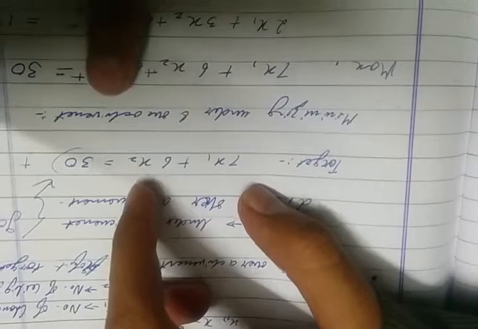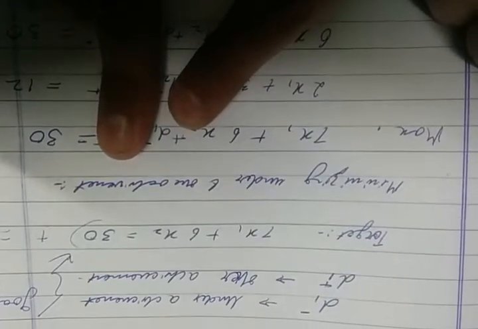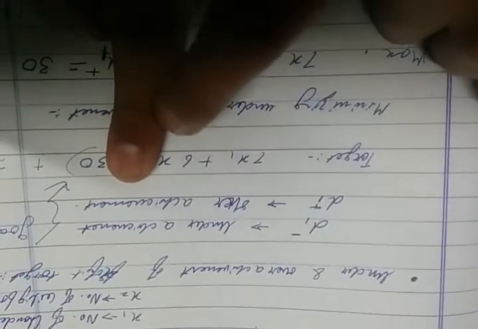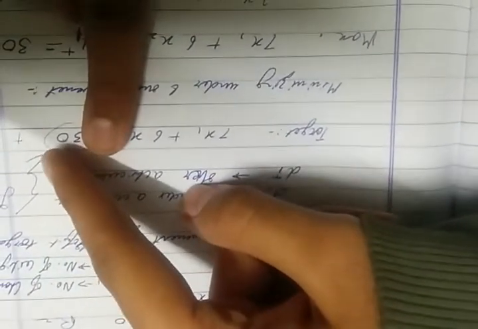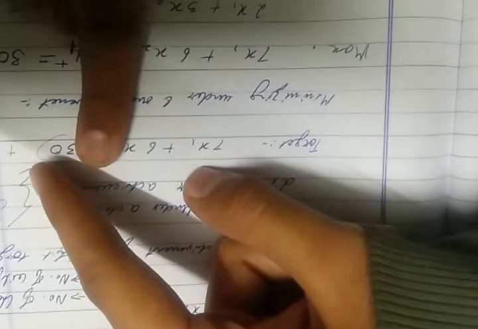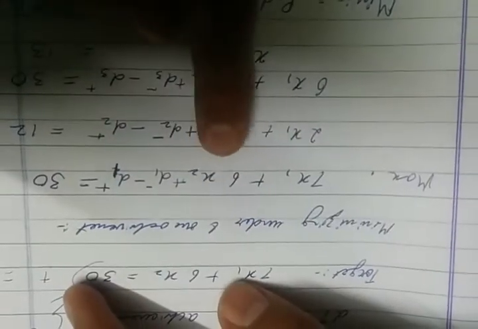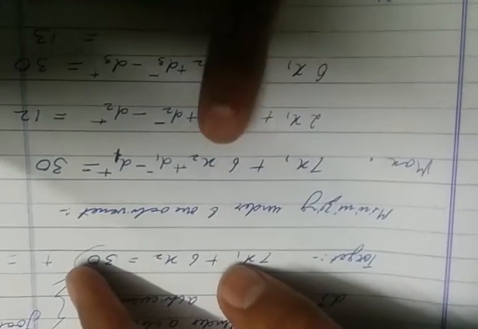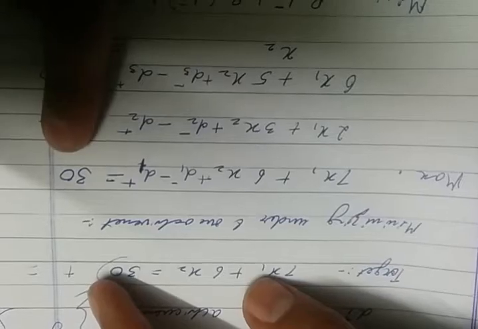So I will add d1 minus. That's why d1 minus comes with a positive sign. Again, if I overachieve, then the LHS will become something more than 30, say 32. So I will have to deduct that 2 to equalize the situation. That's why the overachievement deviation is subtracted. So the overall equation becomes 7x1 plus 6x2 plus d1 minus minus d1 plus equals 30.